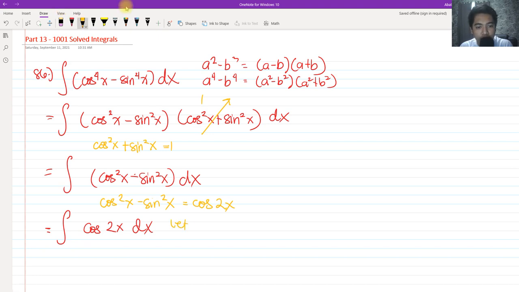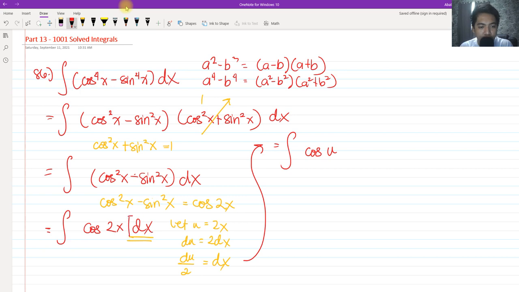If we let u equals 2x, then we have du equals 2 dx. I only have dx here, so I would isolate dx on the right side so that I can perform the u substitution. So now our integral reduces to cosine of u, and the dx should be substituted by du over 2.